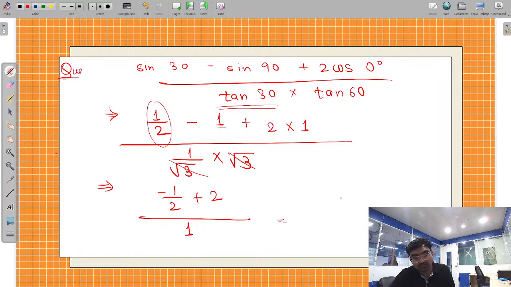Now 2 minus one and a half, sorry, not one and a half, only half, so we'll get 2 minus half, and we'll get 4 minus 1 by 2, and we get 3 by 2 as the answer, correct? Understood it? Good. Fine, let's move on to the next thing.